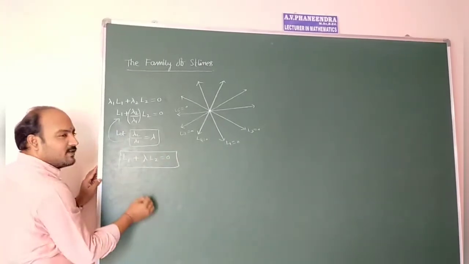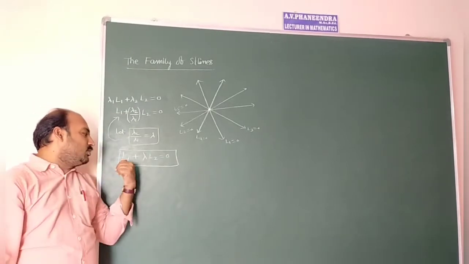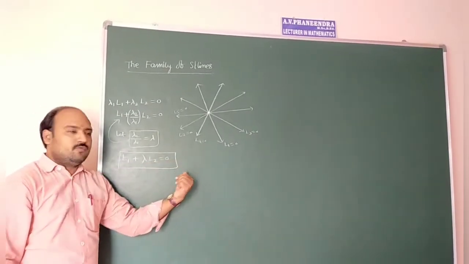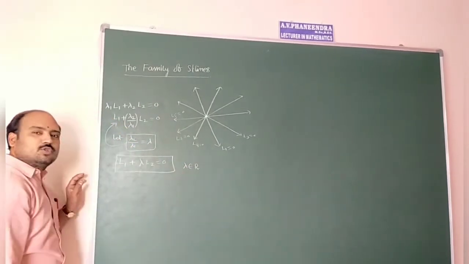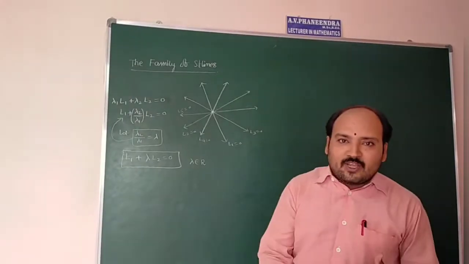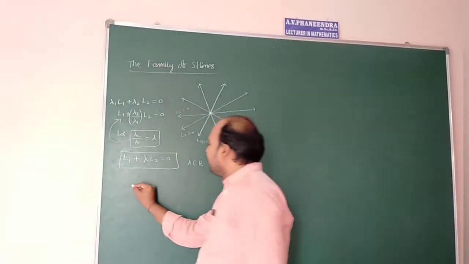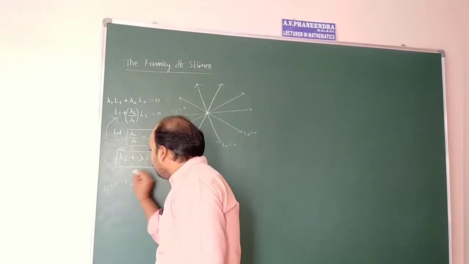This equation is called the family of straight lines passing through L1 and L2, where lambda is a constant, lambda is a parameter, lambda belongs to R. One example I will take.